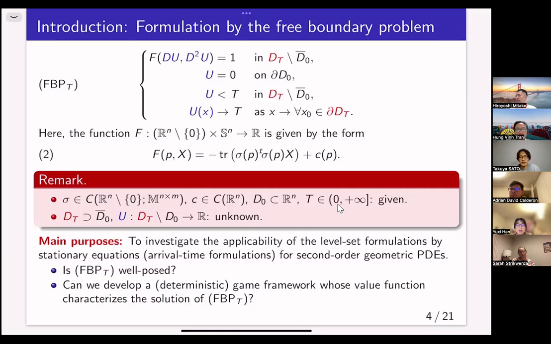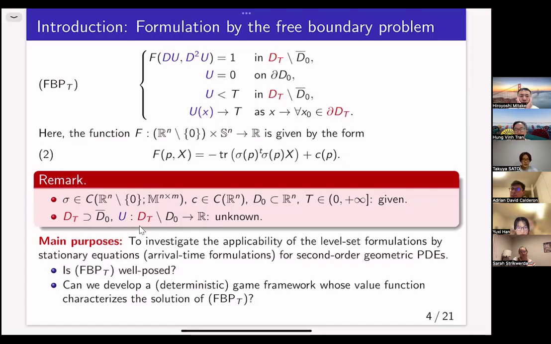These four data are given data, and here this red domain DT and the blue function u are defined on an unknown domain. This pair of two unknown data is called the solution for this free boundary problem. So in this equation, we want to know the pair of unknown data.